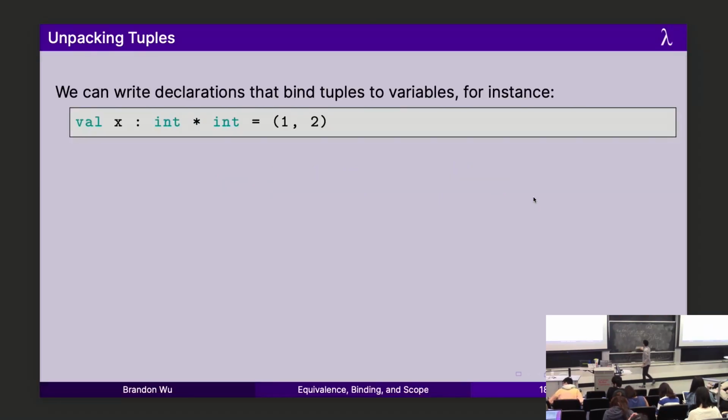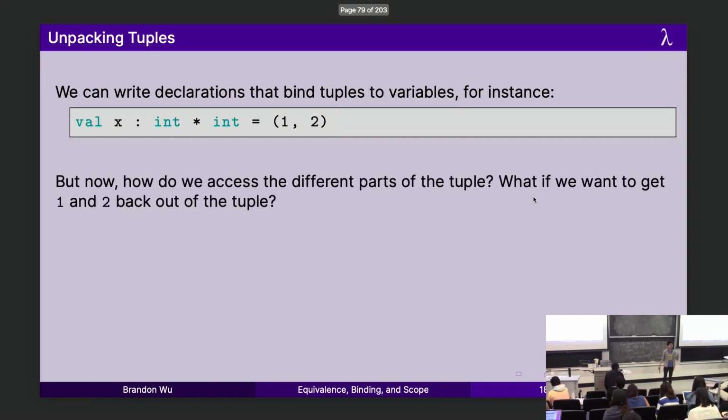We already saw how we can write variable declarations using that syntax, right? We say that val x is equal to, in this case, (1, 2). But if I bind a tuple to a variable like that, then how do I get out the values in it? I said that x is equal to (1, 2), but now that I have x, which is of type int star int, how do I get out the components?